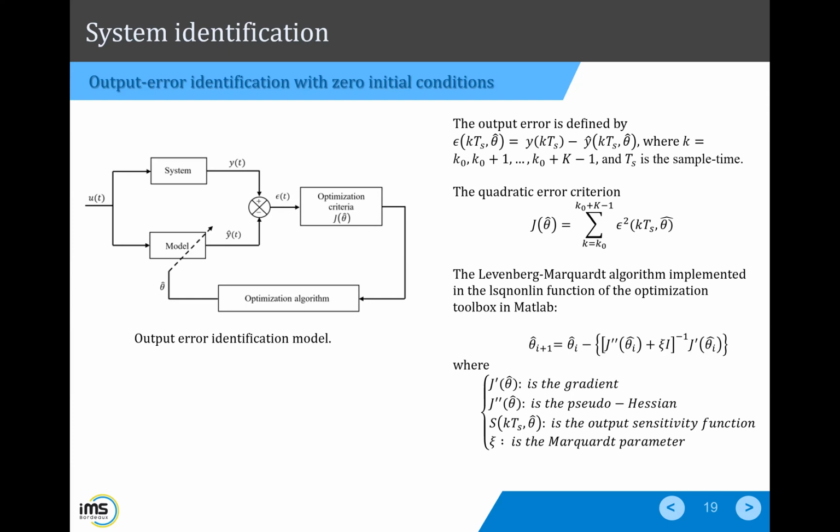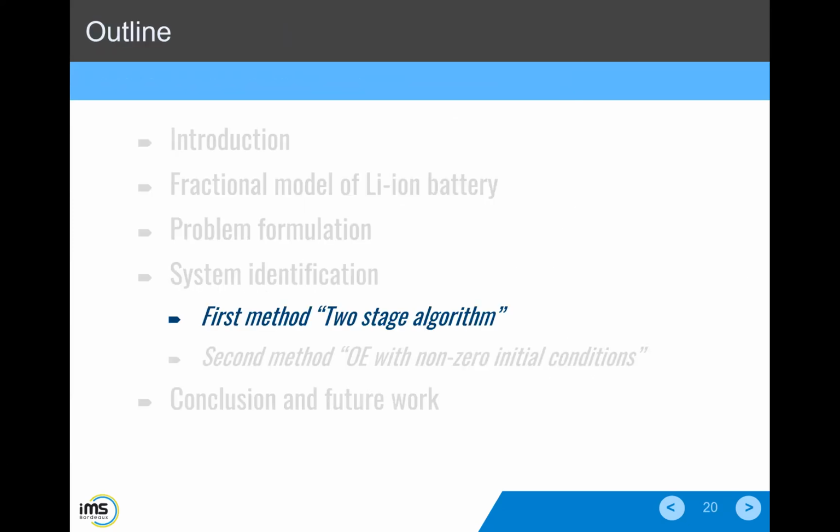The quadratic error criterion is the difference between the response of the system and the model, and we use a Levenberg-Marquardt algorithm, which is implemented inside the optimization toolbox in MATLAB.